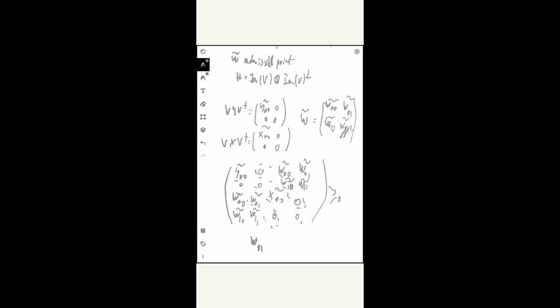So basically we have W01 equals 0, W10 equals 0, and W11 equals 0. So we only have W00 left.